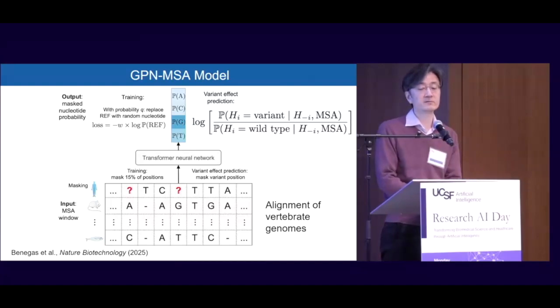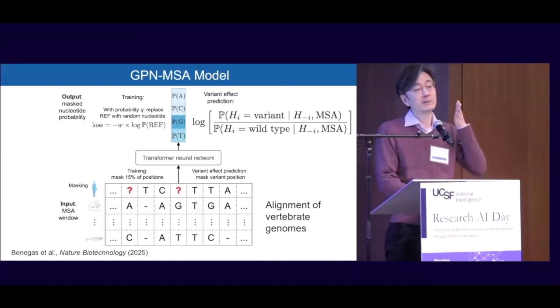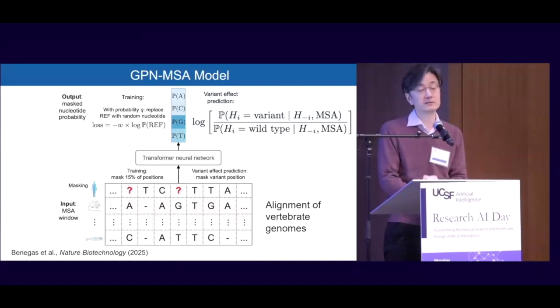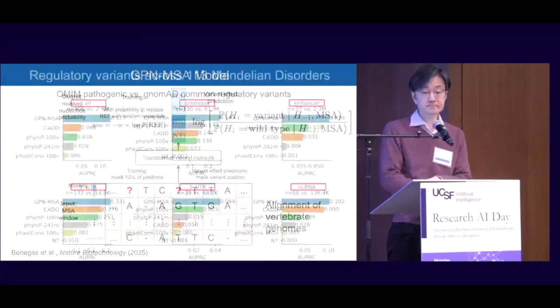So here we are using vertebrate genomes. Rather than just using contextual information across the genome, we provide information about evolution. That is, the column in this MSA is telling you about evolutionary process, conservation patterns. And this was quite essential for the model to learn what's actually important or not.